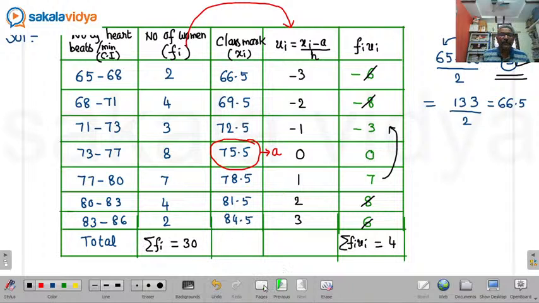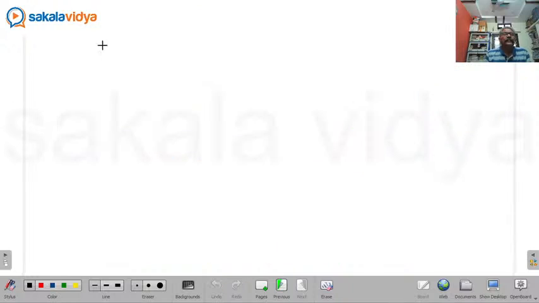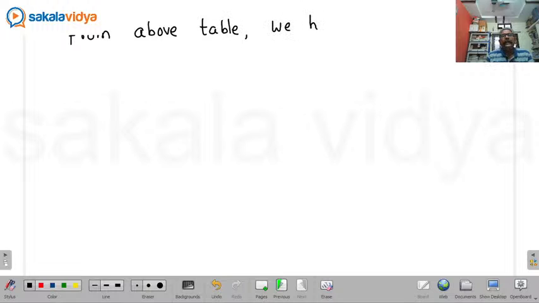So now let us go to the next page. From the above table we have A equal to 75.5.